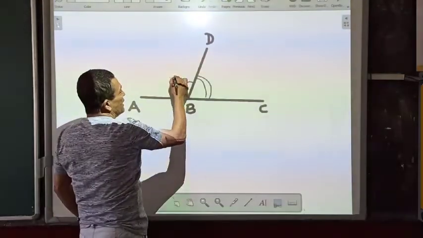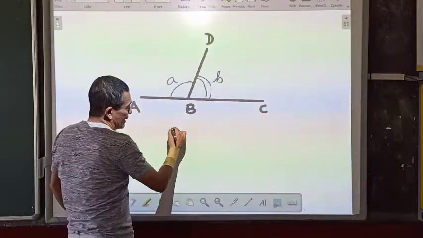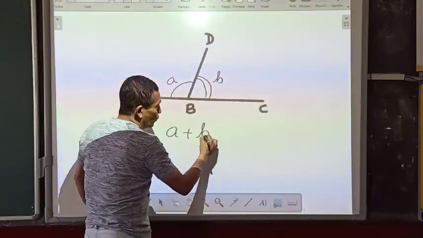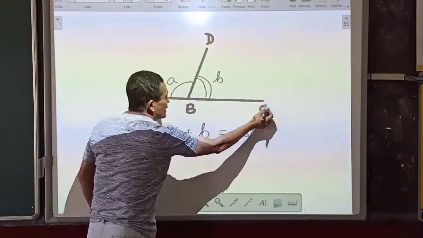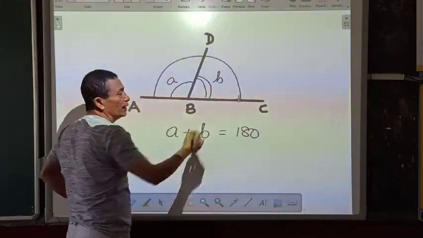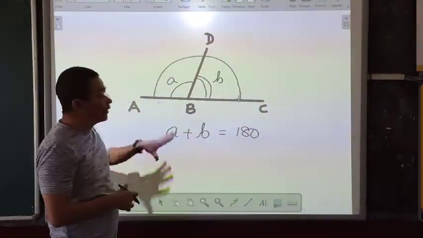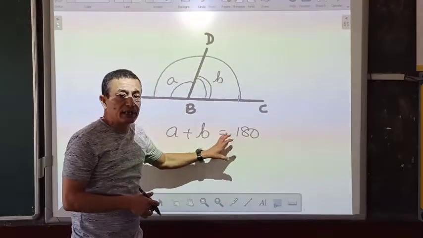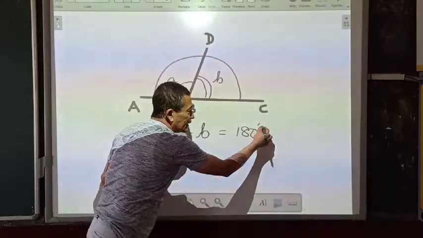So I can say let's name it as A and let's name this as B. So I can say A plus B will give me 180 degrees because AC is a straight line and the measurement from here to here is 180 degrees. So we have a lot of calculations based on this. The sum of these two angles is giving us 180 degrees.